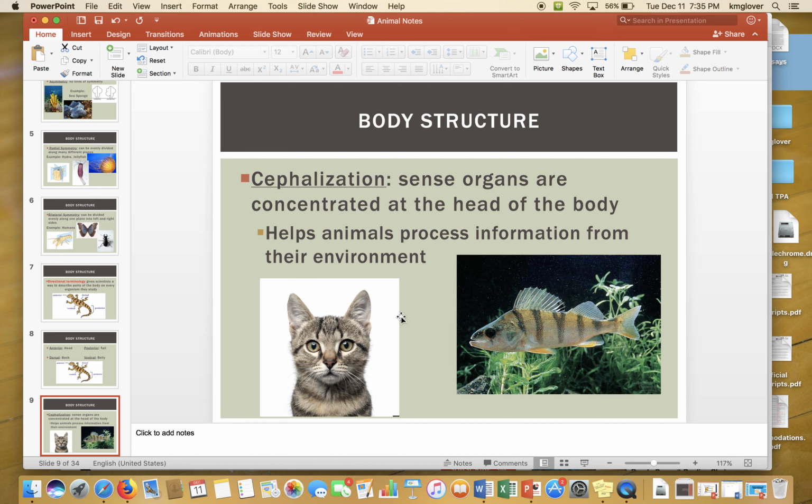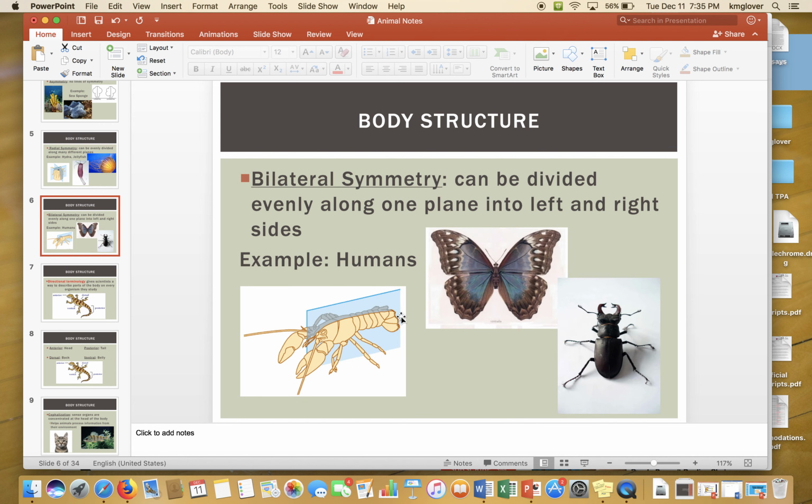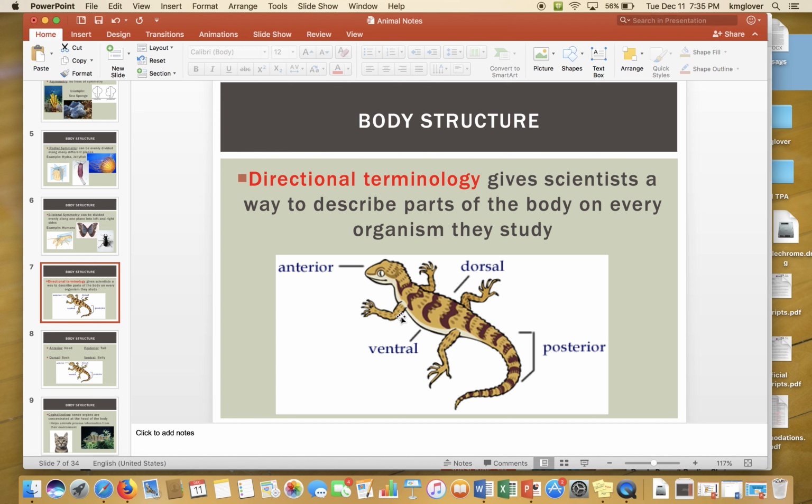Okay? All right, so when we're describing animals, we have what we call directional terminology, and this just helps scientists describe parts of the body on every organism they study. If you are standing up on your feet and you stand with your palms forward, that is the anatomical position that they always talk about. And you have several parts.